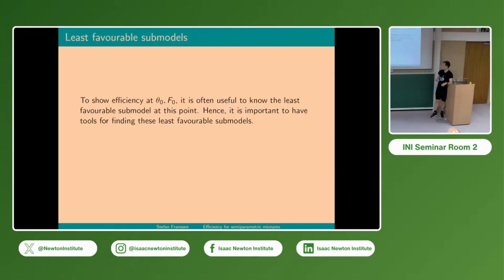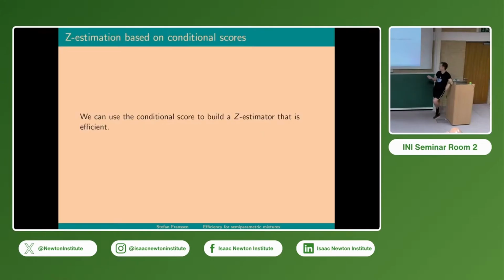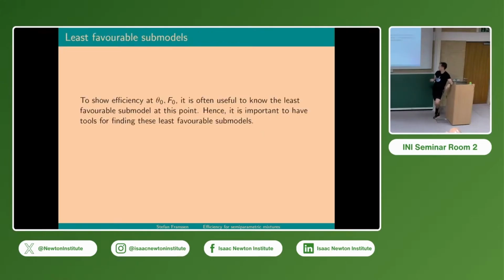So in practice, people use maximum likelihood estimators, and to do that, you have to understand least favorable submodels. To understand what the efficiency is, the efficiency is basically attained in a least favorable submodel.